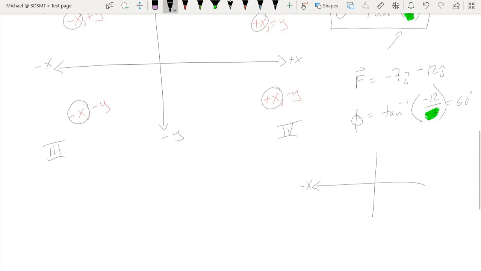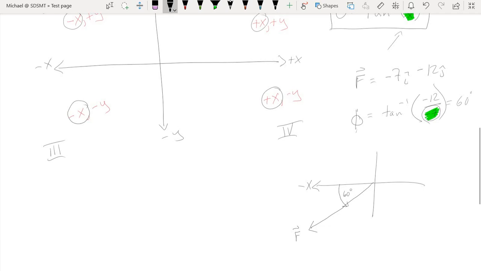Where do I have to start measuring that angle from? Well, since the denominator was a negative x component, I'm going to start measuring from the negative x-axis in the positive angle direction. And so this is what vector f is approximately going to look like.